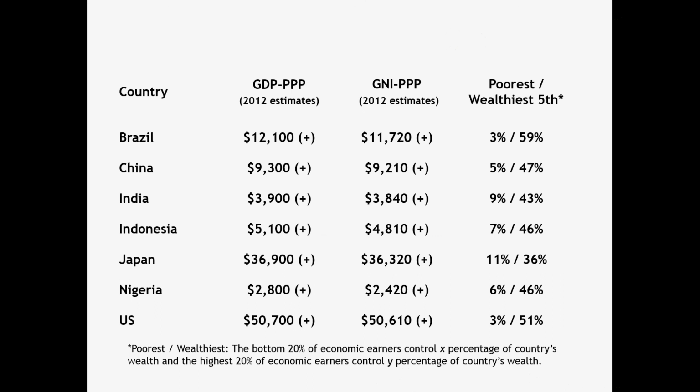This is a slide that gives us a sense of several major countries in terms of GDP PPP at the per capita level, and gross national income, again at the per capita level. At the same time, we look at the income distribution.